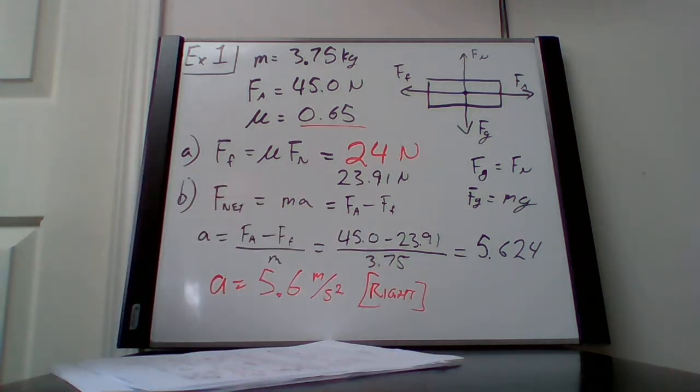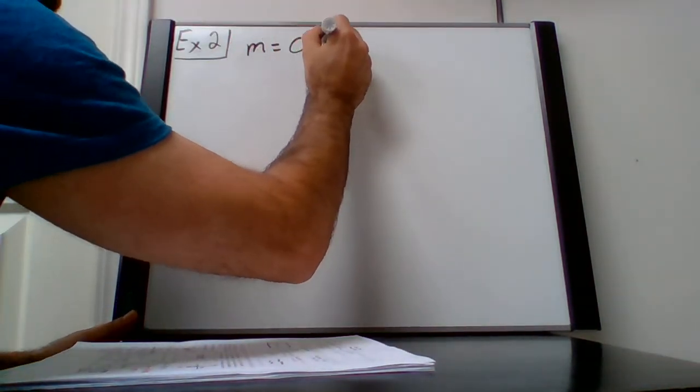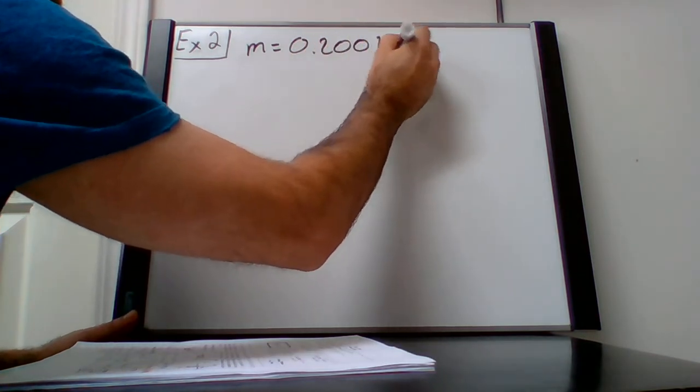All right, let's try example number 2. A 0.200 kilogram puck is pushed along a sheet of ice with a force of 0.240 newtons. If it moves at a constant velocity, find the coefficient of friction. Okay, so let's start off by listing out our information. So we have our mass equals 0.200 kilograms.